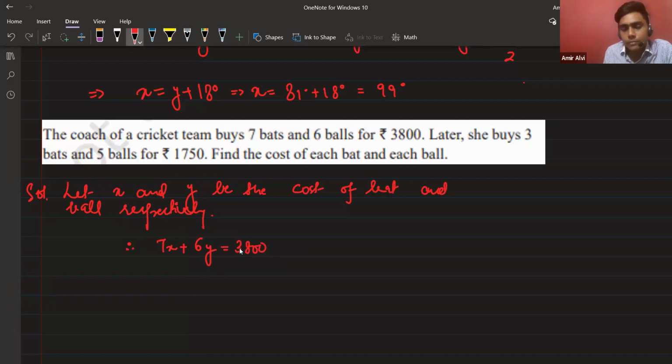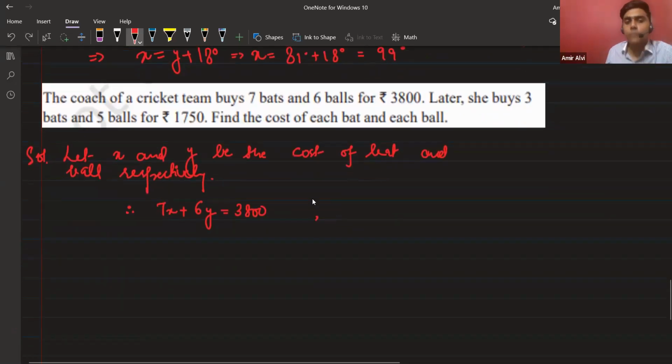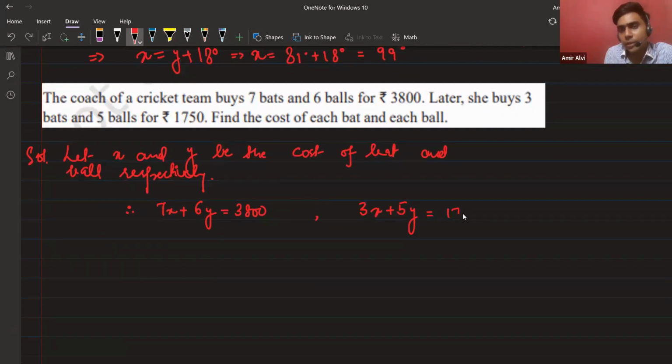Yes or no? Yes. Another equation says, what is the value of bat? Sorry, how much? 3x plus 5y equals 1750 rupees.